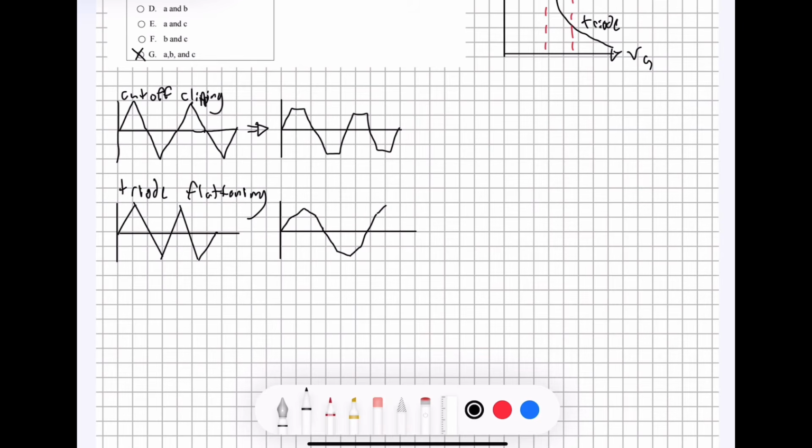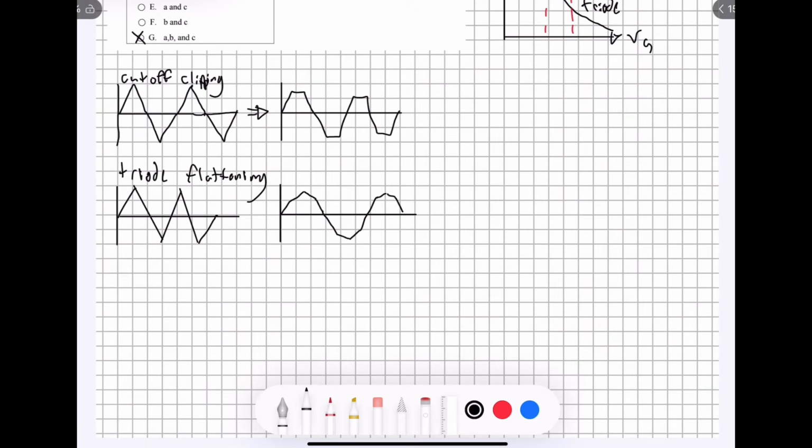So I made that one too high, but you can see the kind of idea. If you notice in the triangular wave, they kind of come up to about there, but with triode flattening, they fall a bit short because the slope has been decreased and thus the amplitude of the output has been decreased.